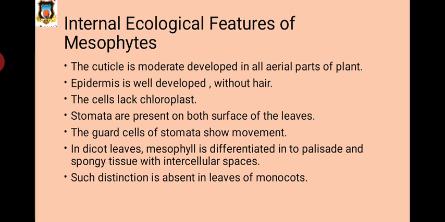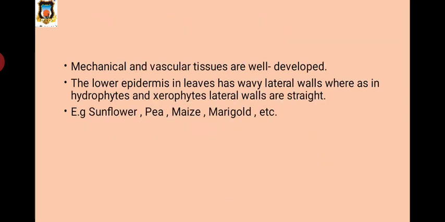In dicot leaves, the mesophyll cells are differentiated into two types of tissue, palisade tissue and spongy tissue. But in monocot leaves there is no such distinction, meaning there is no differentiation into palisade and spongy tissues.